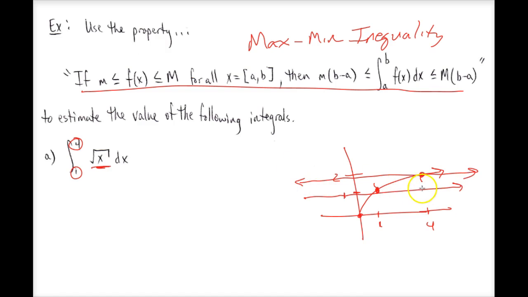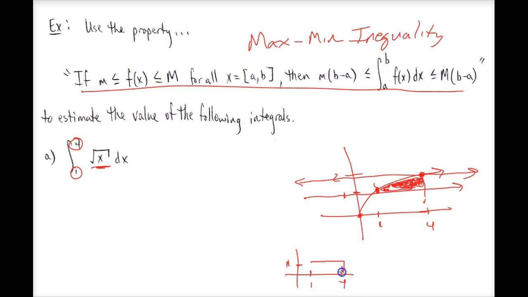And so we know that the area under the curve that we're actually considering, which is all of this here, and of course, all that area right there, would have to be in between the areas that are created by the constant function on the low end versus the high end. Now, if we look at the constant function on the low end, that is just 1 here going from 1 to 4.